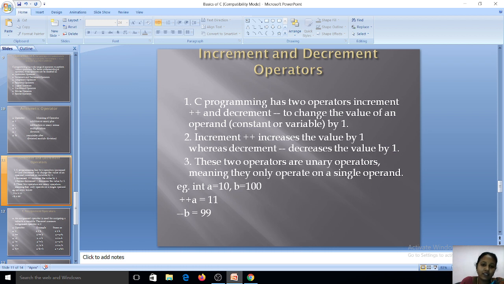Already we have declared A equal to 10, so 10 plus 1 gives our output as 11. Minus minus means it will decrease the value by 1. Already we have declared B equal to 100, so B minus minus will decrease the value by 1, and our output will be 99. I hope you understand.